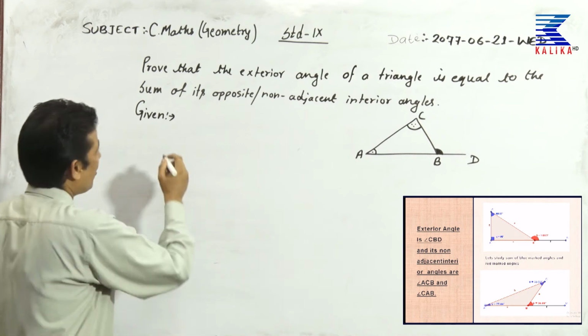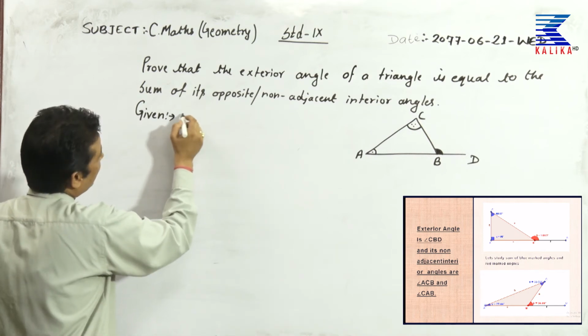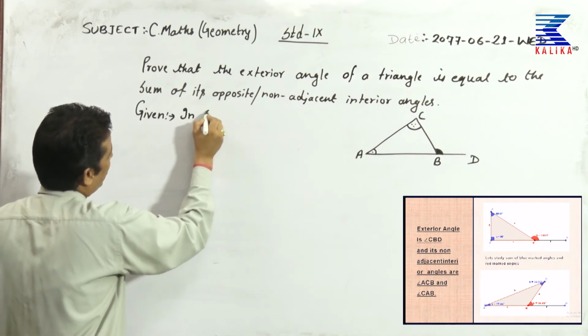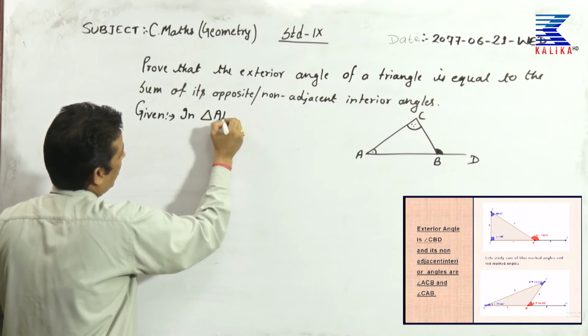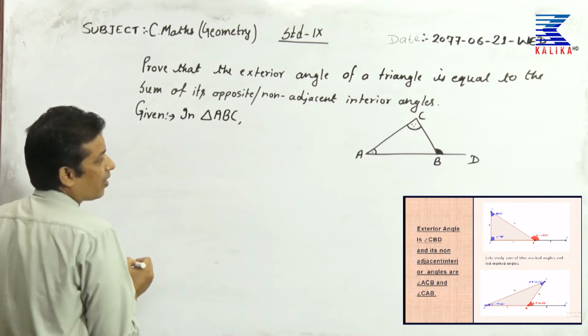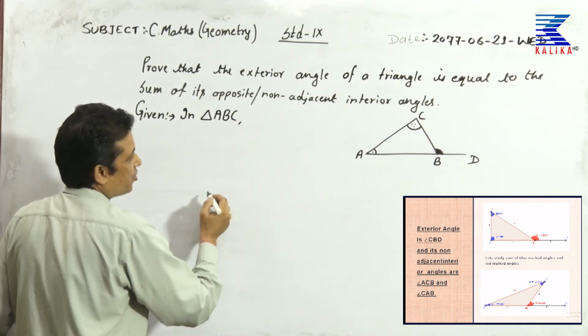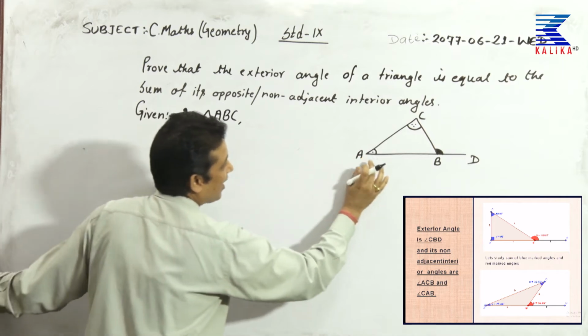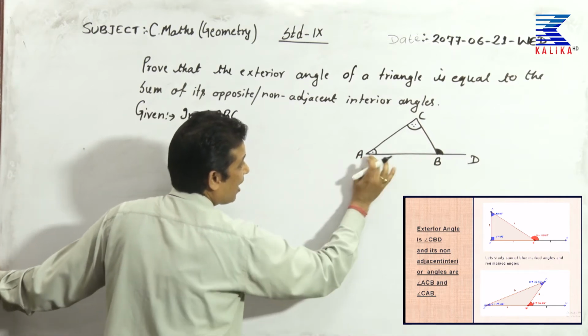So, in given we write directly, you can write this way, in triangle ABC, which side is produced, dear student? Normally we write side AB is produced, side BA is not produced.